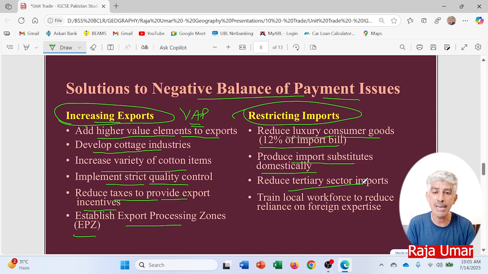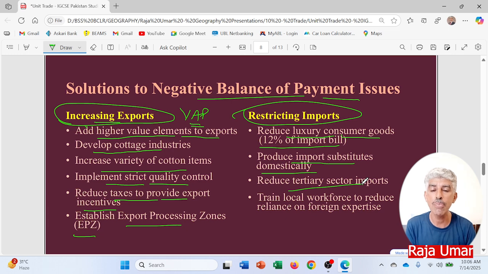Reduce tertiary sector imports. We should not be importing the cricket coach from other countries. We should be using Pakistani services for our teams. Or for example, if some industry faces issues regarding machinery, we import the engineers from the company abroad that made that machinery, and that engineer comes and takes a lot of money to fix those issues.